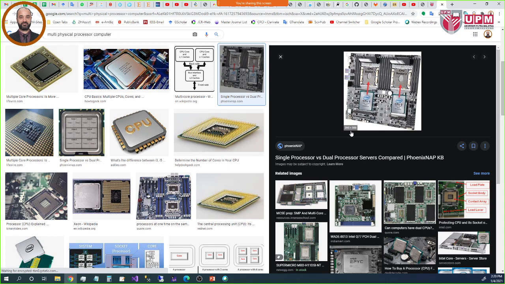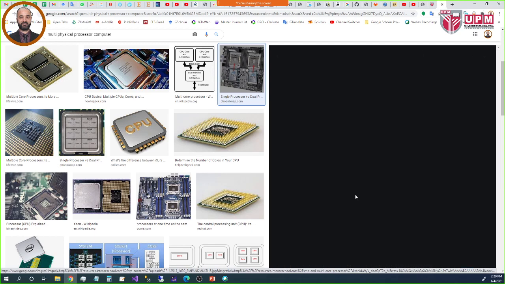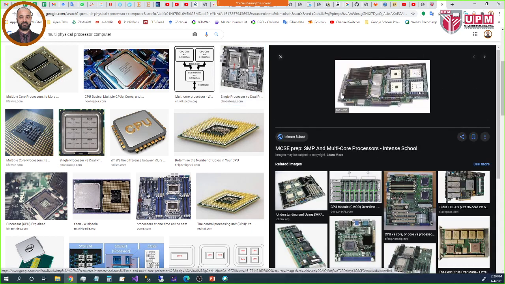So in total, it could be 20 cores, or 32, or 40. Inside this processor, it is called a parallel processing element, because it has multiple physical cores. You see, this motherboard can fit 4 physical processors.